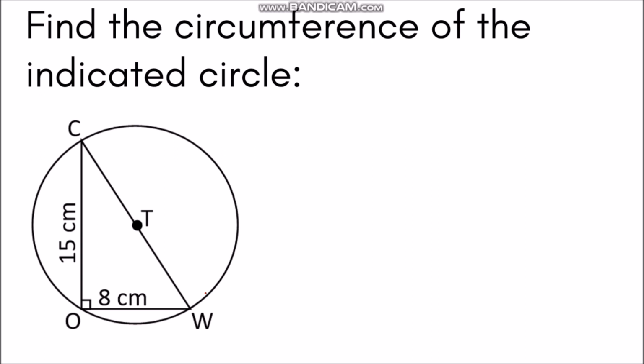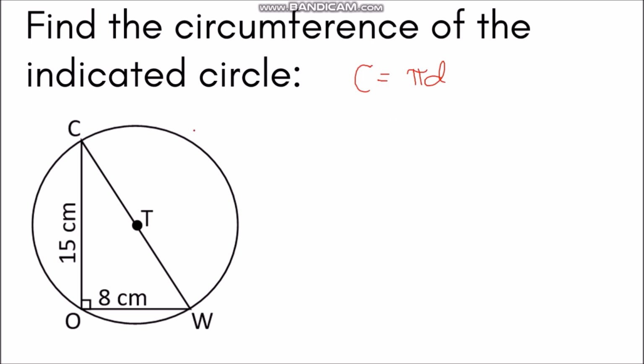Another segment that we have is segment CW, which is actually the diameter of the given circle. Our goal is to find the circumference of the given circle, and as we remember, to get the circumference, it's pi d. So technically, we need to solve for the diameter of the circle so that we can find the circumference.